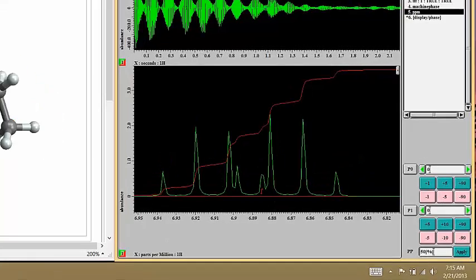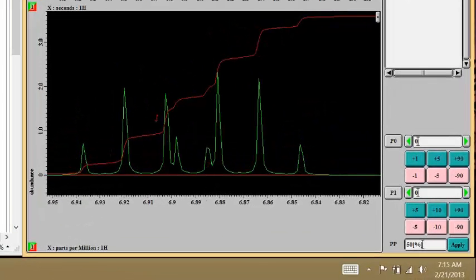There's a 1 to 3 to 3 to 1 ratio right here, and then there's a 1 to 3 to 3 to 1 ratio here. And remember, that's indicative of a hydrogen that is split by 3 neighbors. And then these 2 features, we see 2 of these, and that is indicative of being split by a single nearest neighbor.